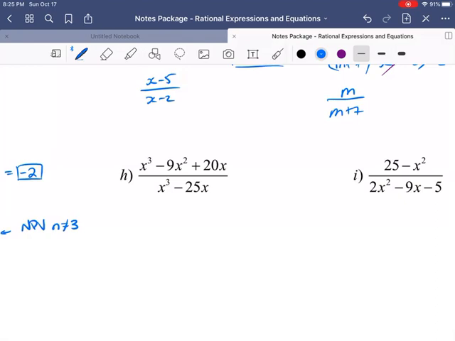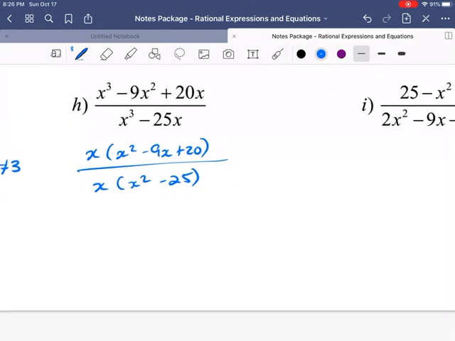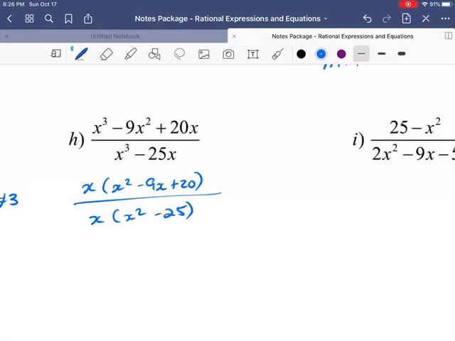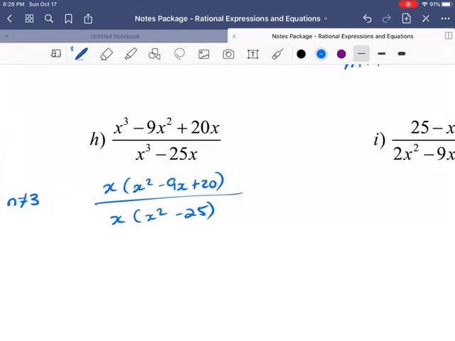Okay, factor your numerator. So first of all, let's take out an x. And in the denominator, you can also factor out an x. We can factor further in the numerator. So I'm factoring this right here. So negative 5 and negative 4.